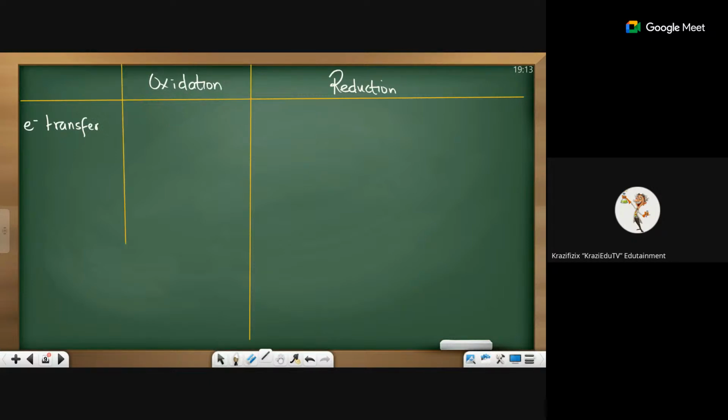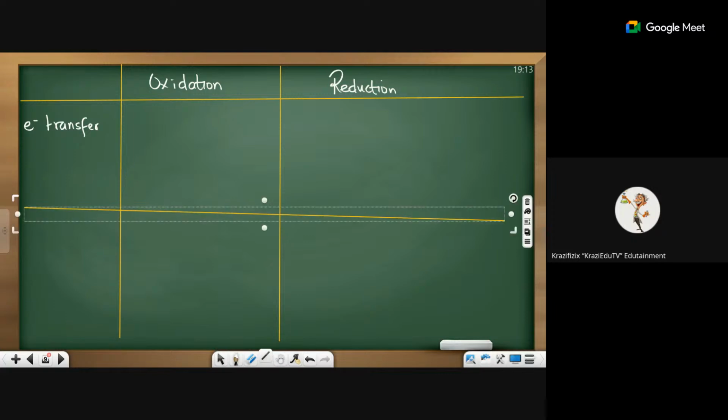We are going to define this in two ways. In terms of electron transfer, and then we will define in terms of oxidation number. There are actually about 4 criteria, but we are going to limit ourselves to 2.